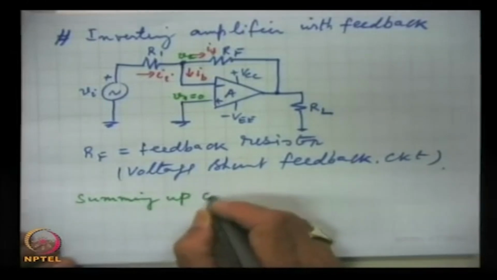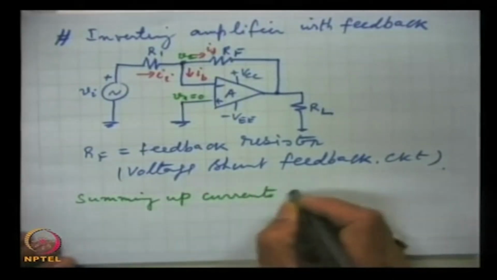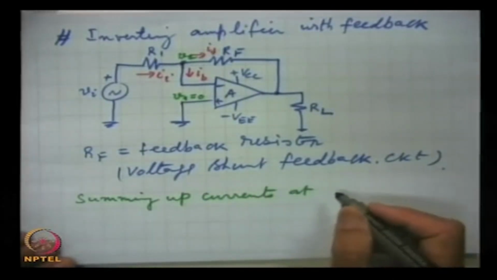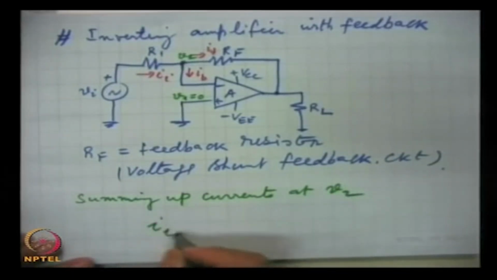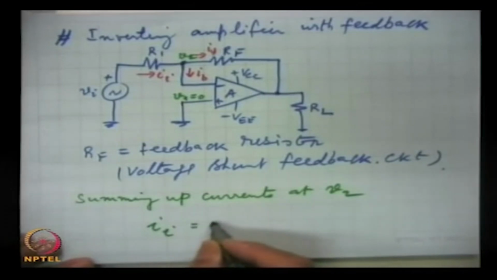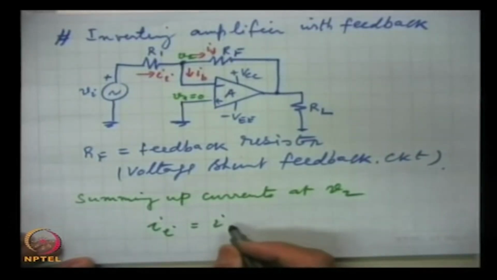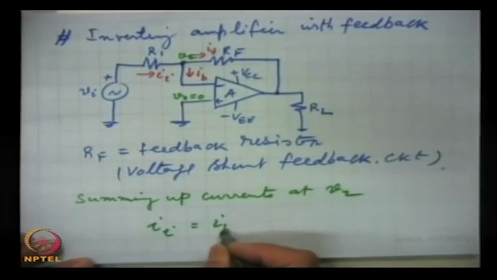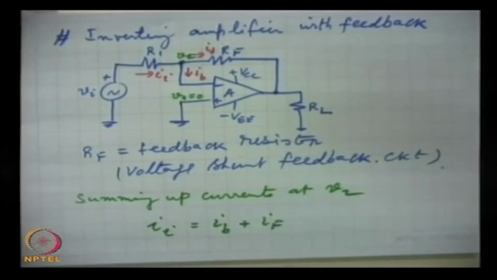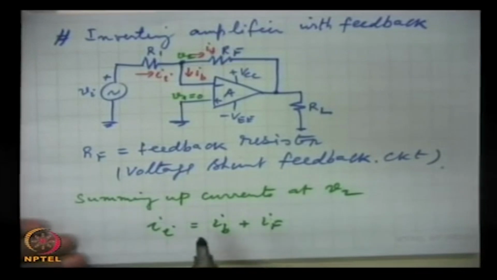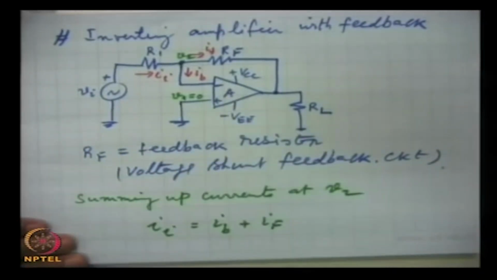So summing up currents at V2 gives II, this is equal to IB plus IF, and IB, you remember that the input impedance of the op-amp is extremely large, it is in megohms.